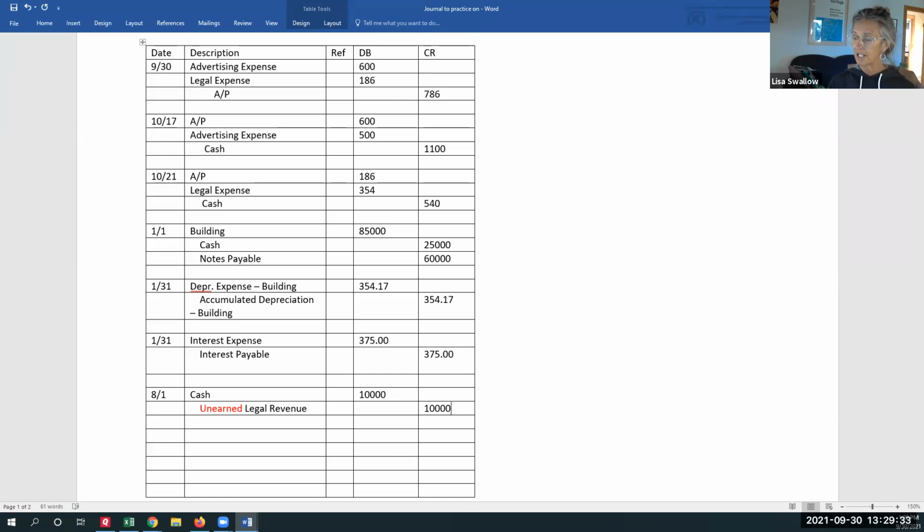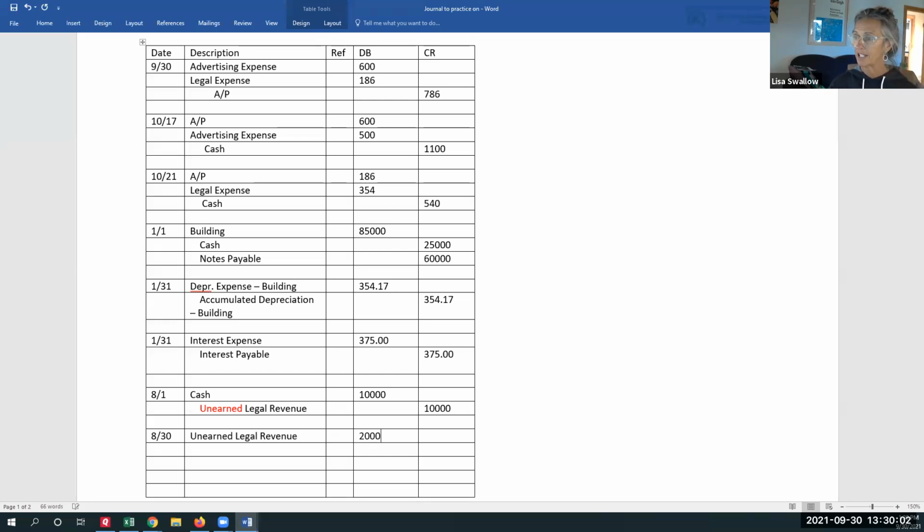So he's got 10 grand in the bank, but he hasn't done anything to earn it. At the end of the month, we have to make an AJE to acknowledge that part of that is now earned. He worked 20 hours. He bills $100 an hour. So he's earned $2,000. If you correctly debited this account, good, because that's what you do.